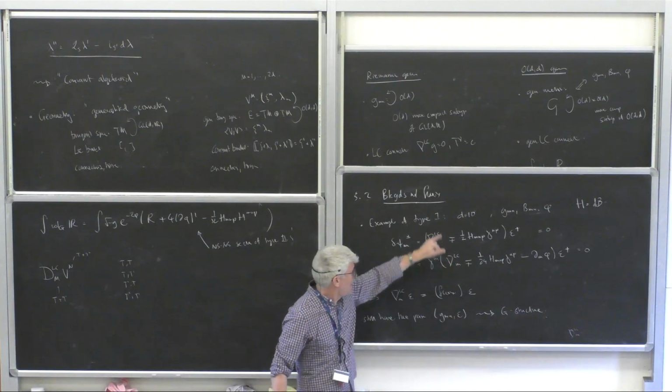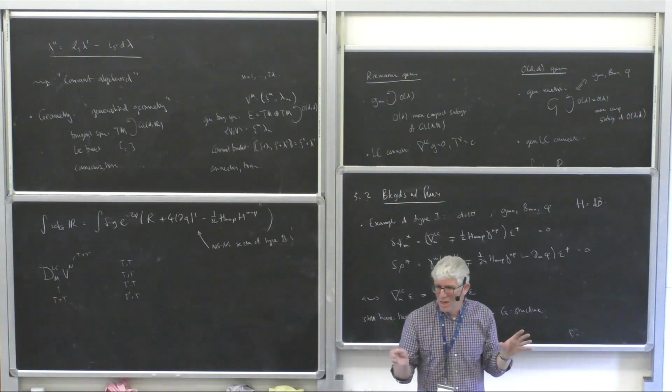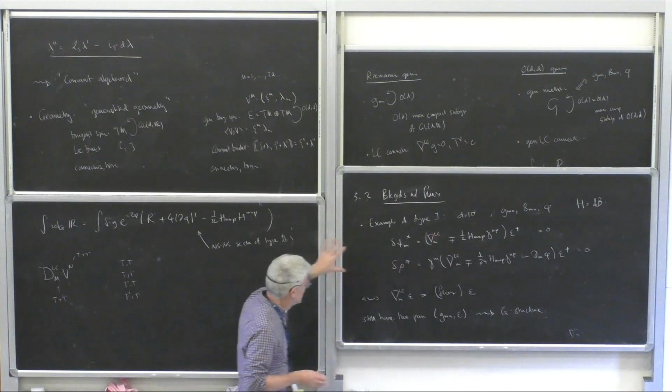So these things here that look like things with torsion are actually torsion-free things in this generalized geometry.